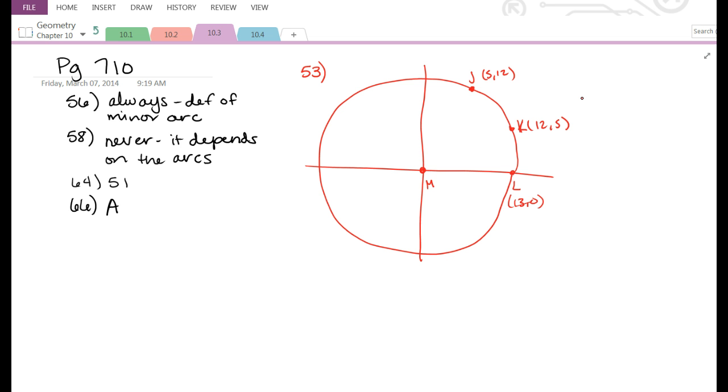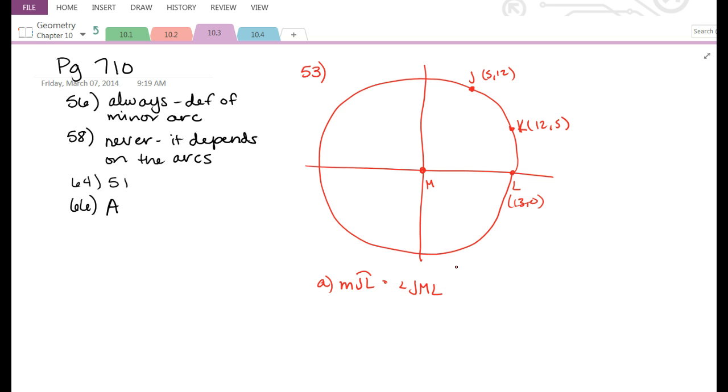Okay, so I'm not going to do each one of these because they're all similar to each other. But part A wanted me to find the measurement of arc JL, which, remember, it's measurement, so that means pretty much what is the degree measure of the corresponding angle, in this case JML.